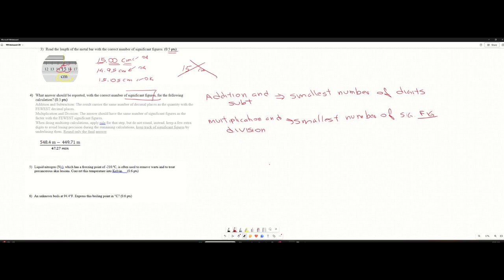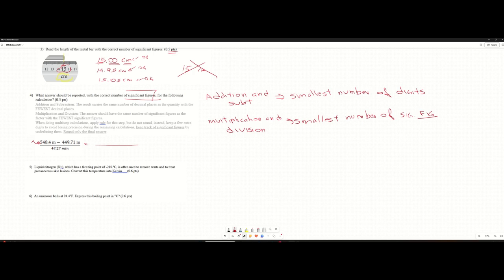Okay, we have a mix over here. We have a subtraction and we have a division. So first, I'm gonna do this subtraction over here. And if you do the subtraction, you're gonna have, let me just use my calculator here because I want exact numbers.